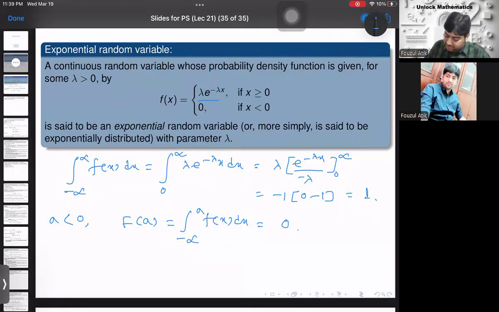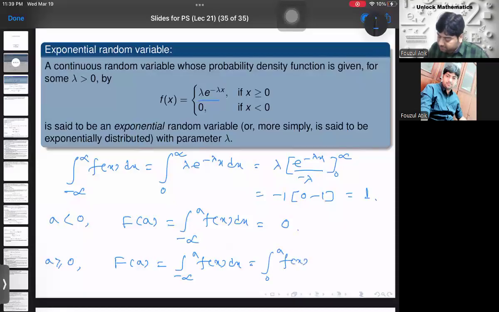And if your value a is greater than or equal to 0, then what is your cumulative distribution function F(a)? Again, it is the integral from minus infinity to a of f(x) dx. Therefore, it is actually the integral from 0 to a of f(x) dx, because f(x) has a non-zero value only from 0 onwards. Therefore, I have taken from 0 to a, where a is greater than or equal to 0.